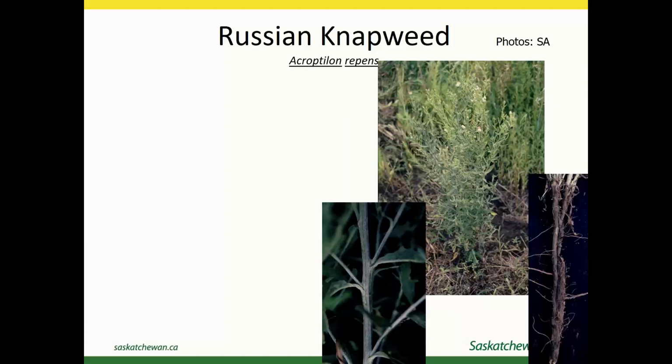Russian knapweed, if we talk about that in comparison to our other two knapweeds, or three knapweeds we've already talked about. Russian knapweed is a deep-rooted, persistent perennial plant that does have lateral roots.